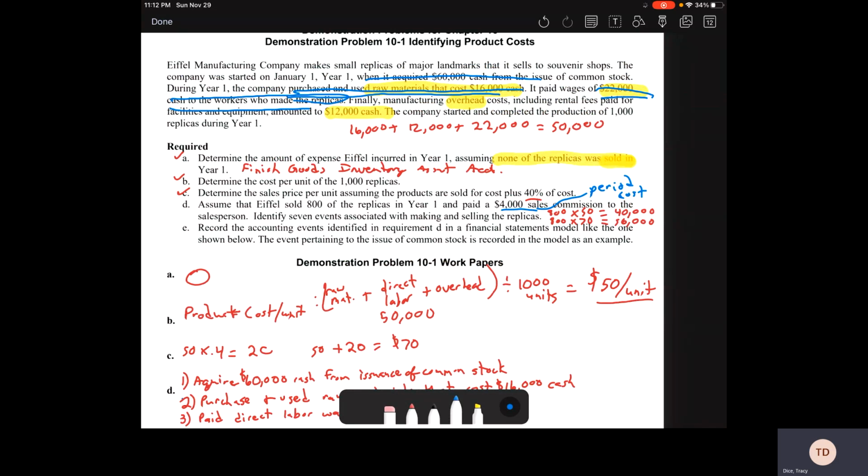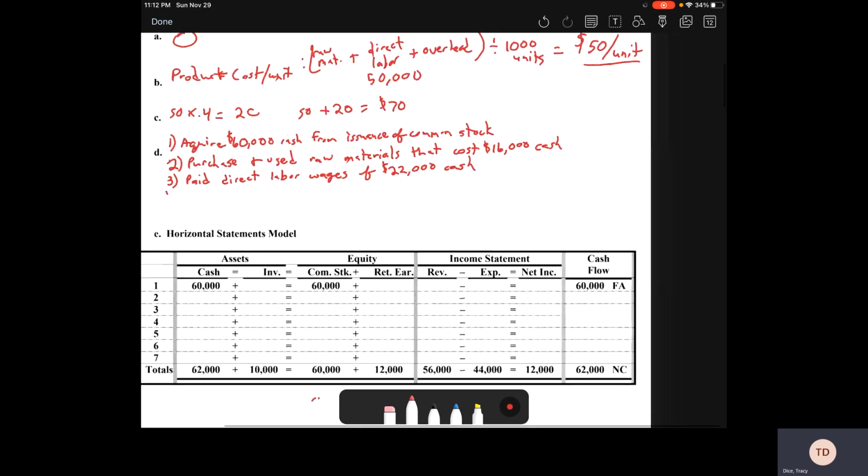Get rid of that. Next, we've got our overhead costs of $12,000. So number 4. Incurred manufacturing overhead costs of $12,000 cash.